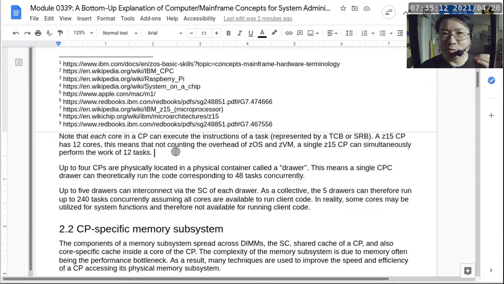IBM never refers to the term thread, whereas in Unix and Linux, and to a certain extent Windows, they use the term thread to refer to loosely the same concept as a task in IBM terms. So, task.